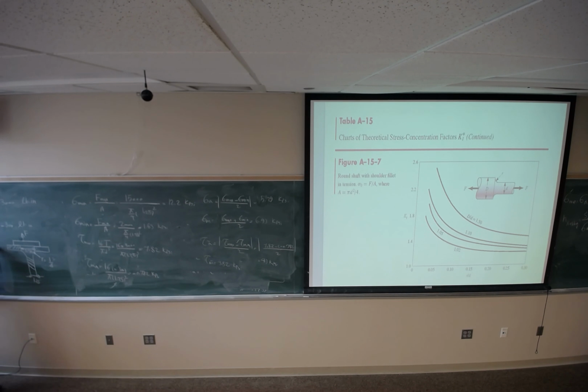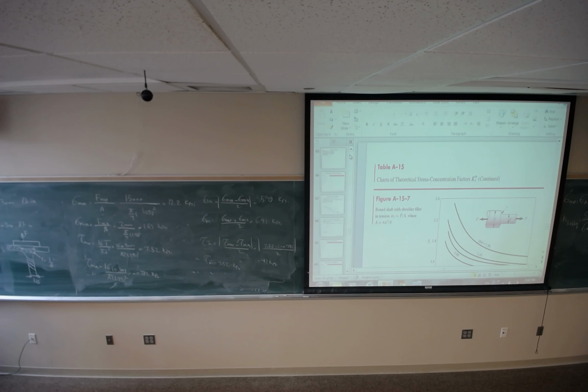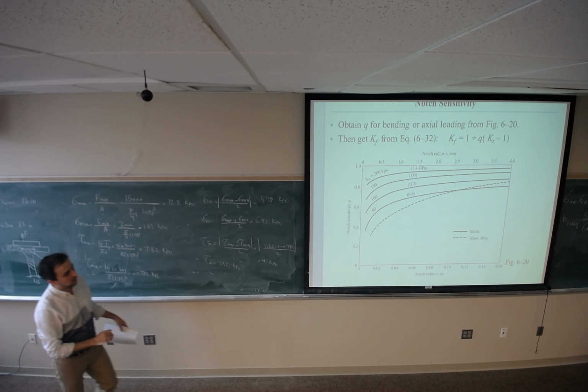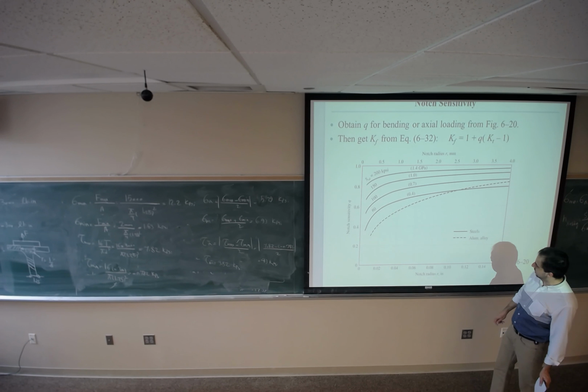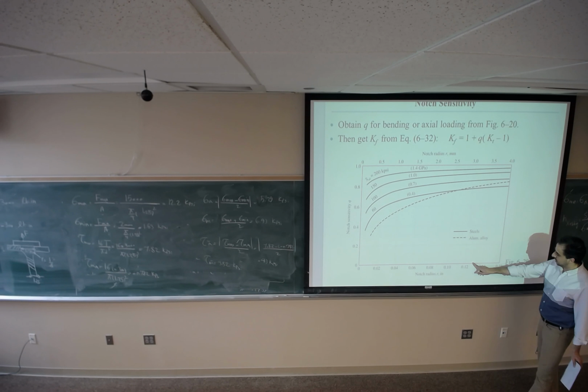And find q, right here for the q. The radius is 1 over 8, which is somewhere here, 0.125.